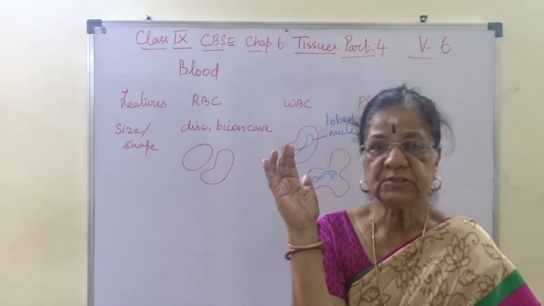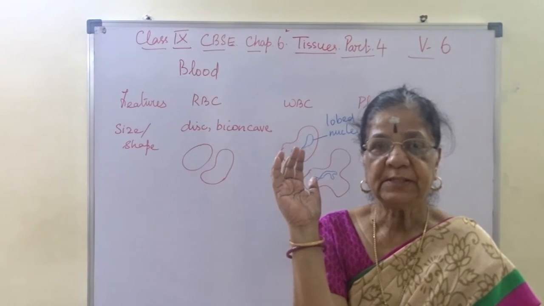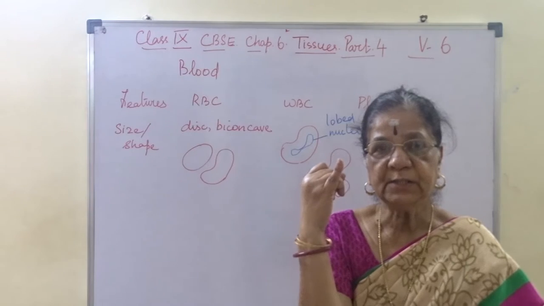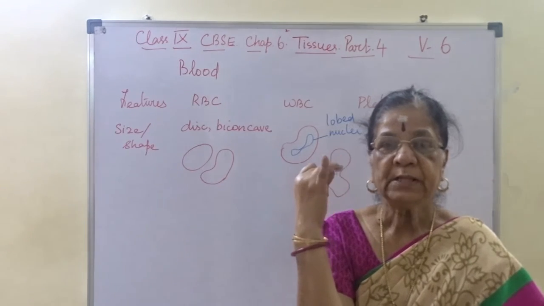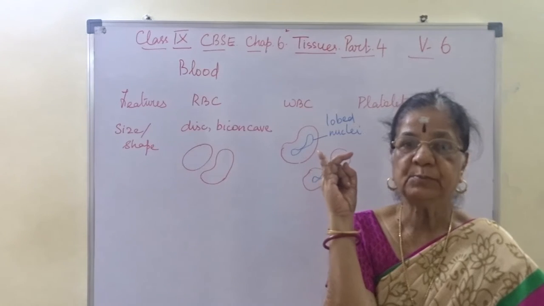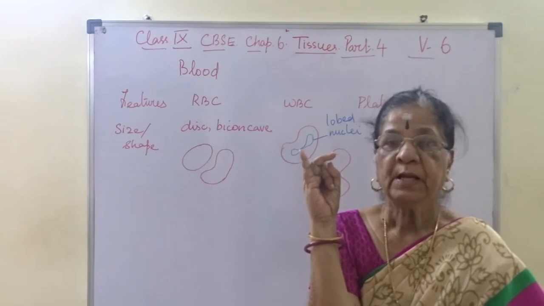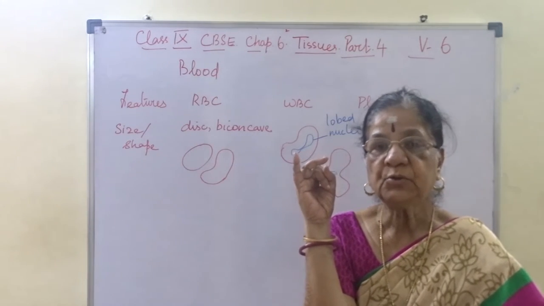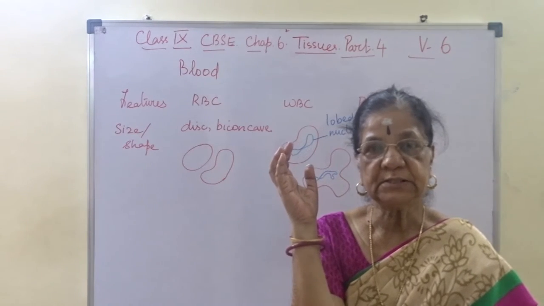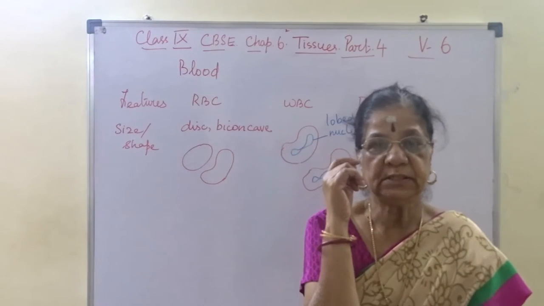Whereas connective tissues are further classified into connective tissue proper, under that areolar and adipose tissue, then supportive connective tissue, learned as bone and cartilage, and dense connective tissue, tendons and ligaments. And fluid connective tissue we are going to continue.